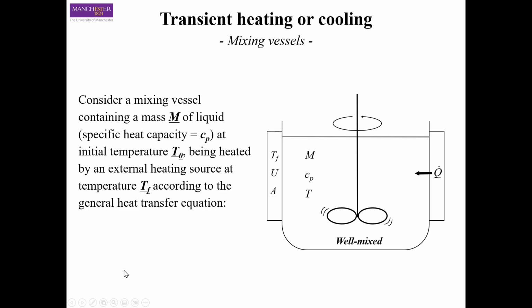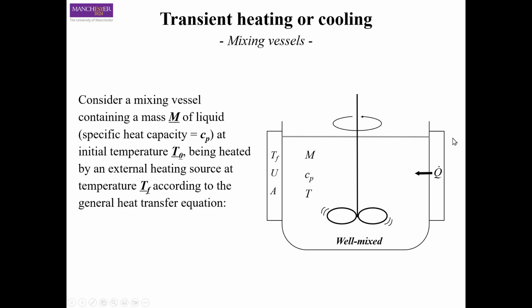So this is what we saw in the previous slide. You have the inner reactor, and this reactor has some fluid in it with a mass m. It means that it has a constant volume. That liquid or the system inside this reactor has a constant specific heat capacity, and then it has a certain temperature, the starting temperature of the process.